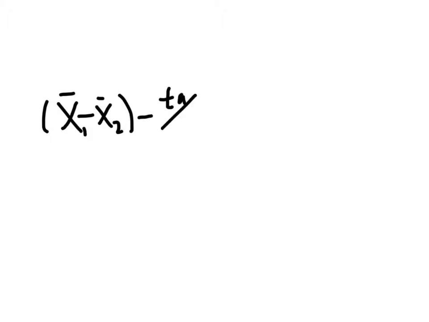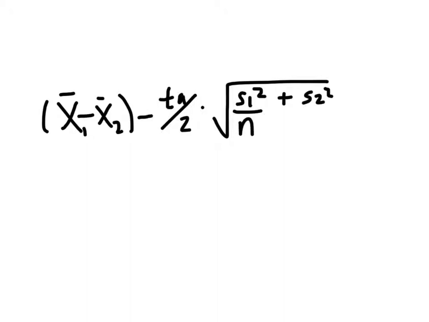Just like the equation we had before, we take x1 minus x2, minus our test value over 2, times the square root of sigma 1 squared over n1 plus sigma 2 squared over n2.